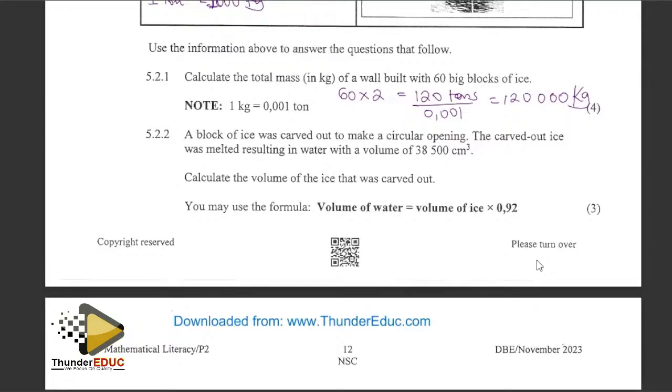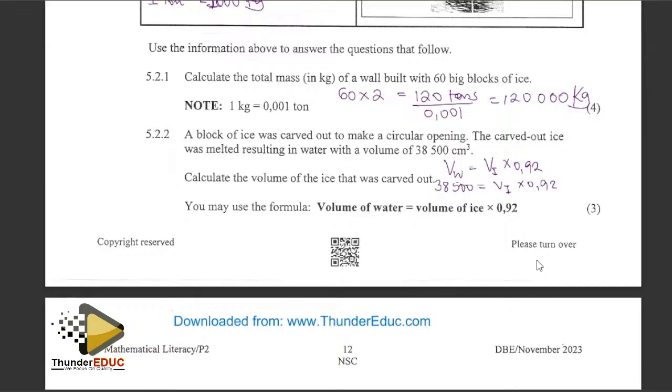Now, what I want you to take note of: you have volume of water equals volume of ice times 0,92. So you already have the volume of water given to you. So you have to just do this. 38,500 equals volume of ice times 0,92. Because you're looking for the ice here, we shall divide through by 0,92.